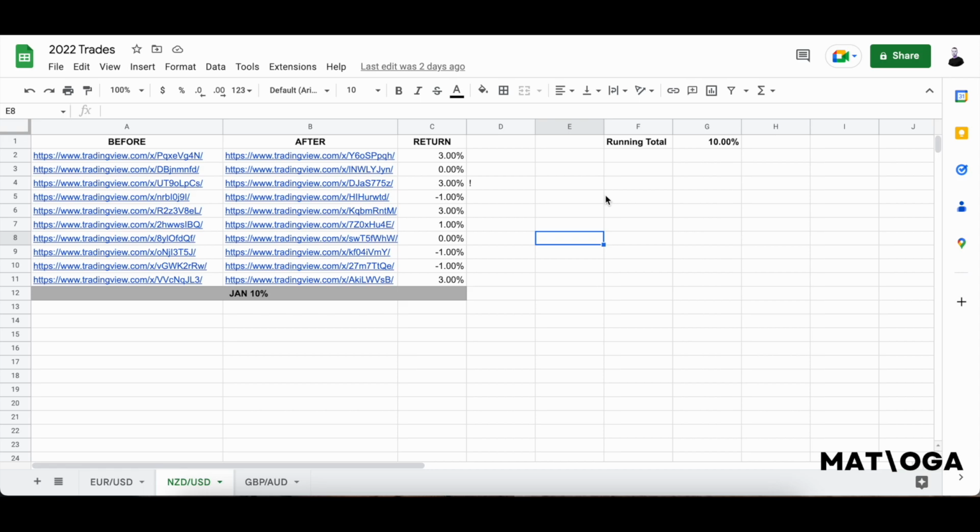Even though I would say something like Euro NZD might be even better. But of course, you go ahead and do the backtesting yourself and find those pairs that actually work for you. So let's go through the trades.